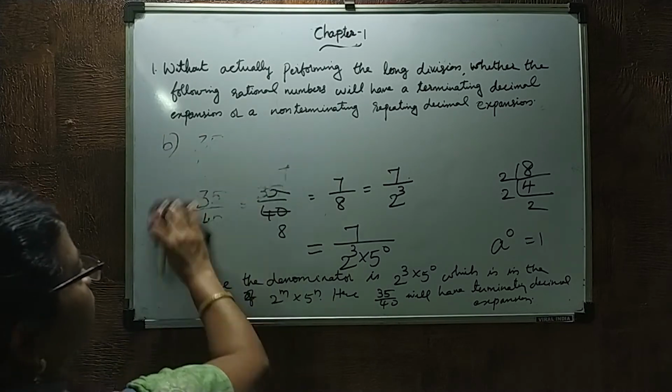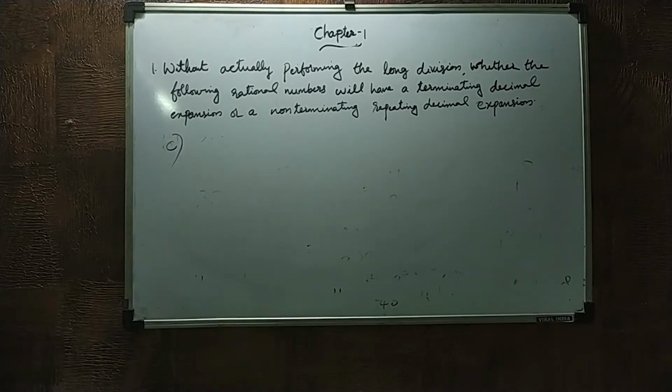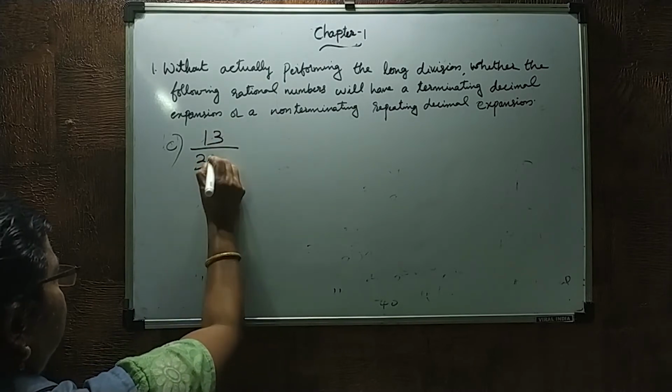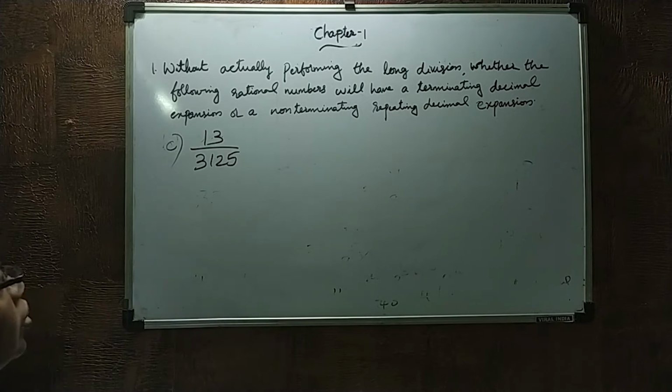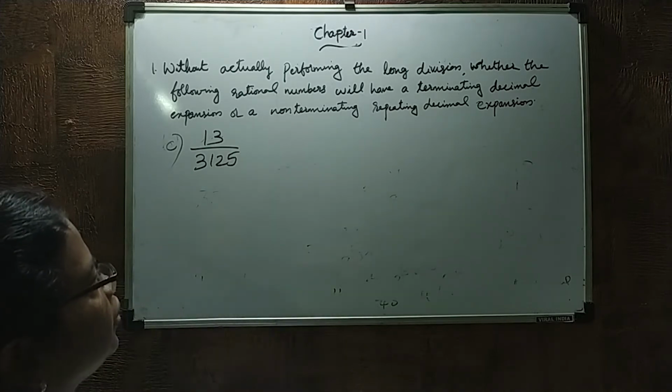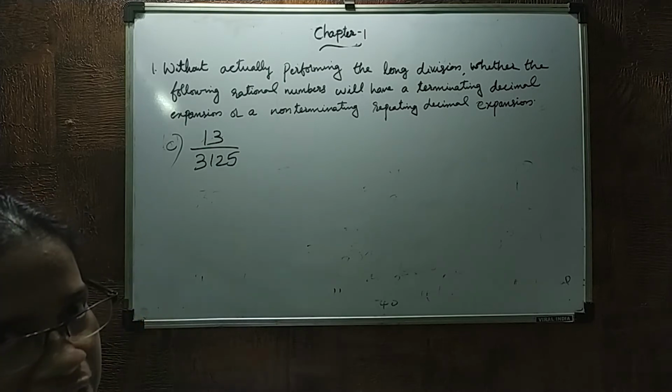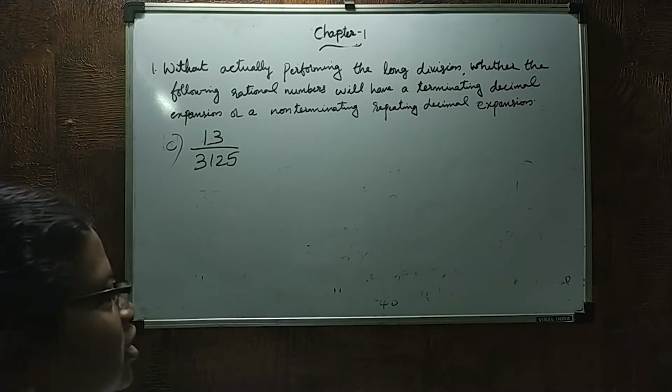C. 13 by 3125. 13 and 3125. So here we cannot cancel. Common factor is not there.